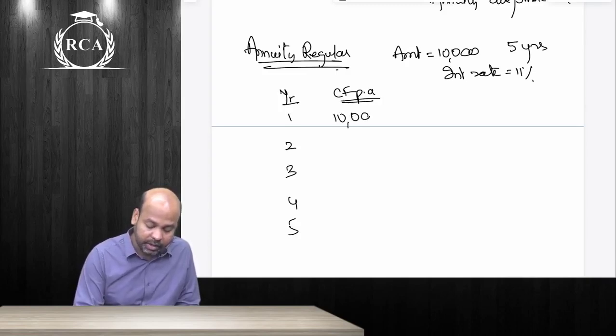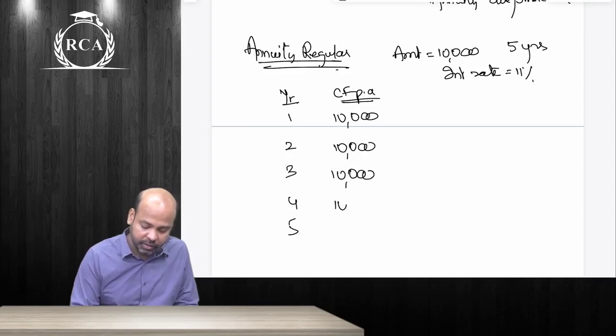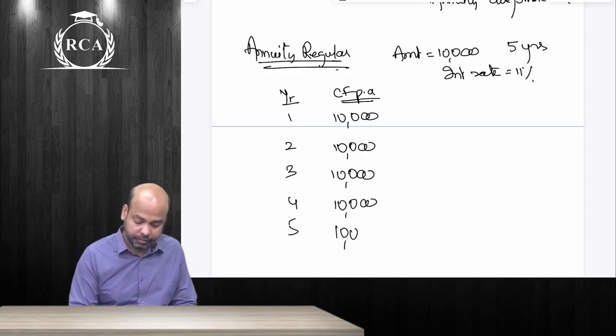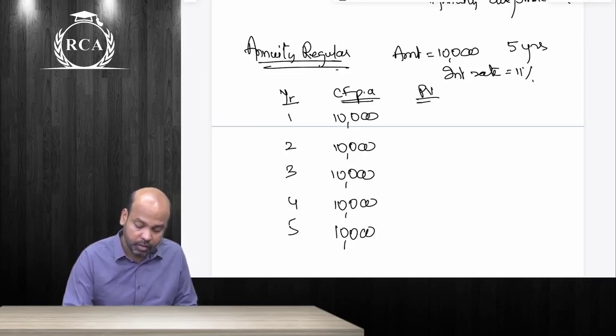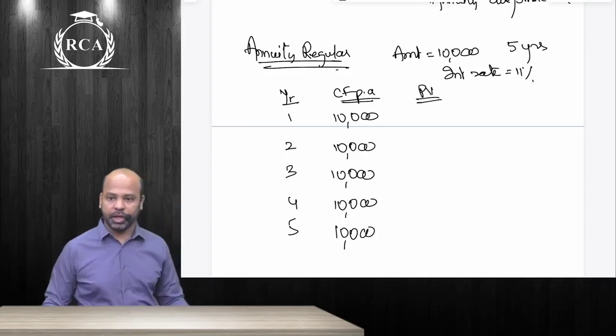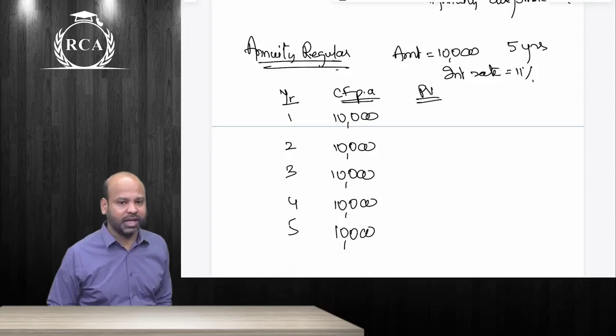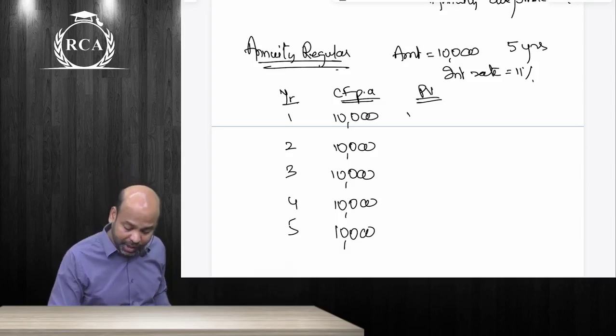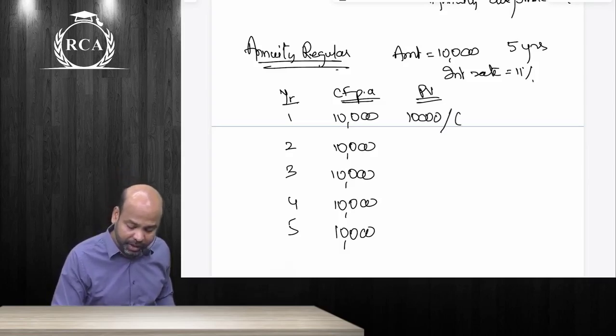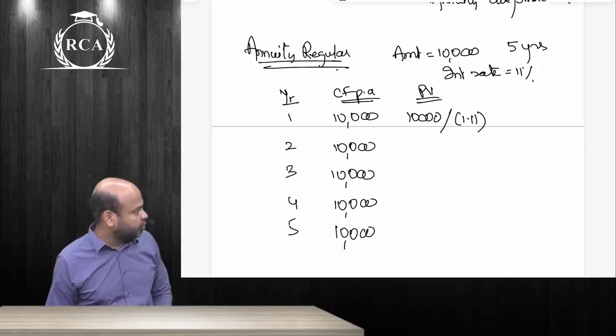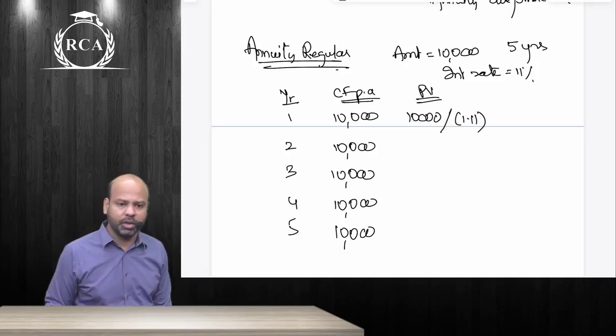It is 10,000. How will I compute the present value of the first 10,000? Can't I write 10,000 divided by 1.11, based on what we just taught? Why should I write 10,000 divided by 1.11?